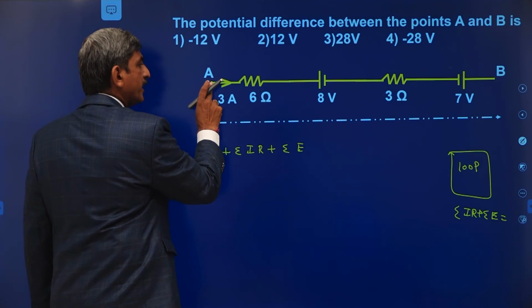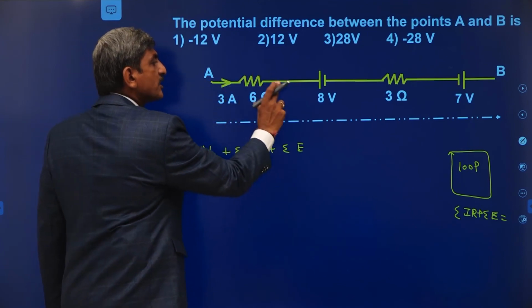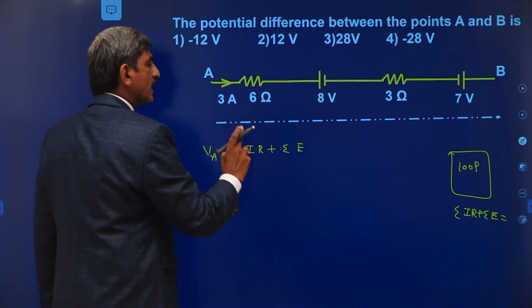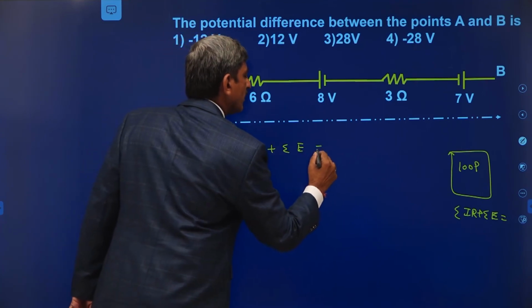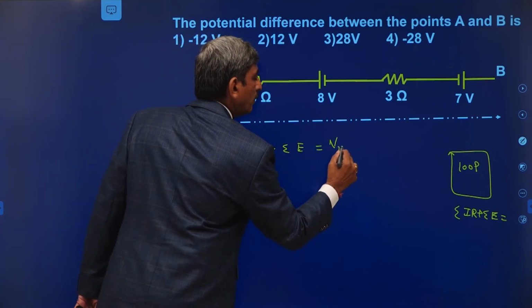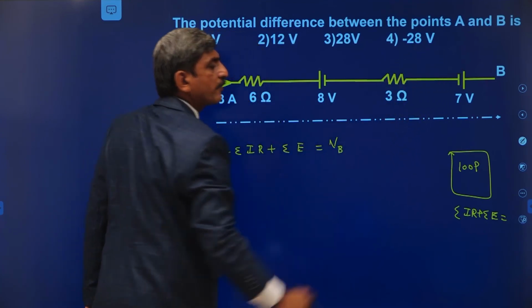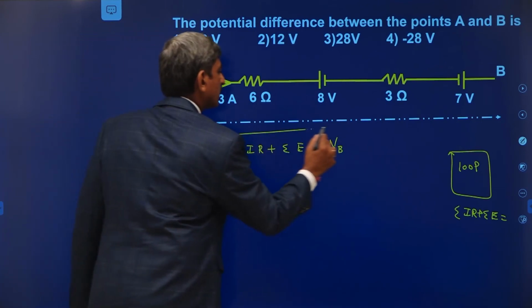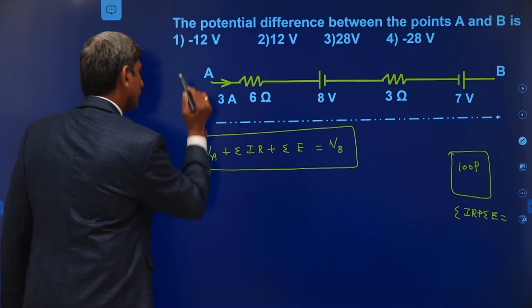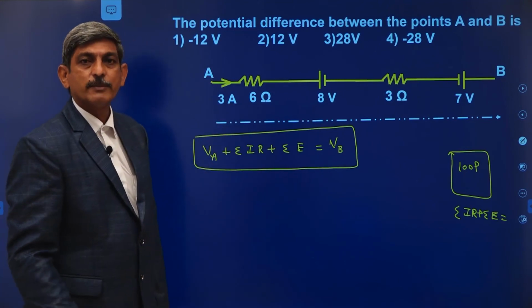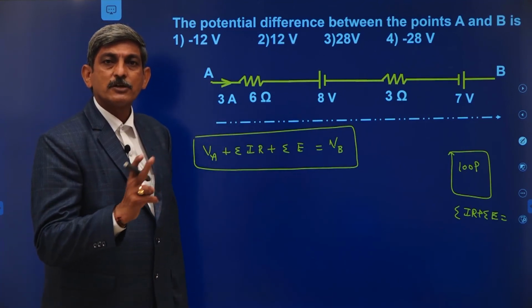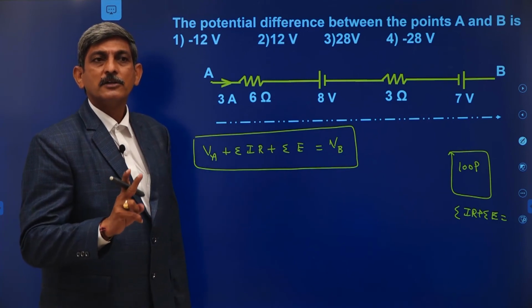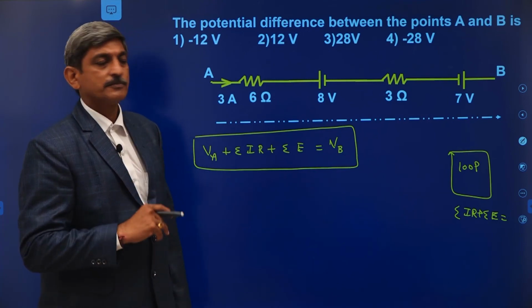The potential at point A plus the algebraic sum of all voltage drops and the algebraic sum of all EMFs is equal to the potential at the second point B in that path. So this is the principle to be remembered while applying the Kirchhoff's law to determine the potential difference between the 2 points along a path without having a closed loop.